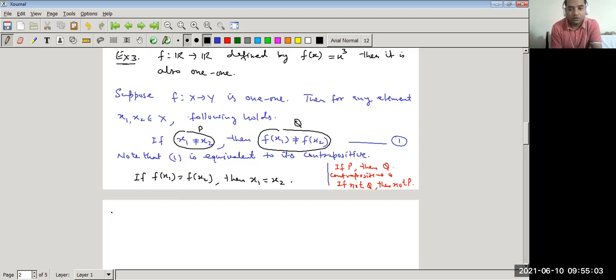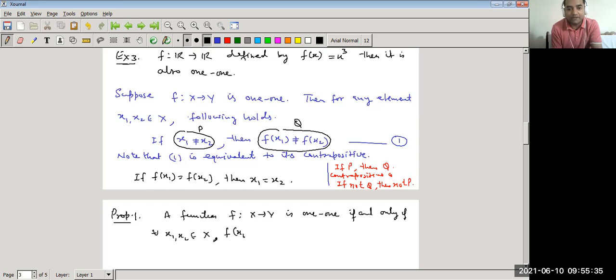So, let us think this is Proposition 1: a function f from X to Y is 1, 1 if and only if for all x1, x2 belongs to X, f of x1 is equal to f of x2 implies x1 is equal to x2.